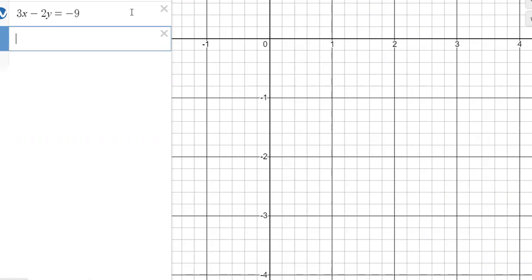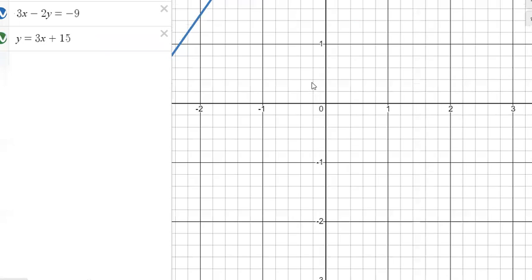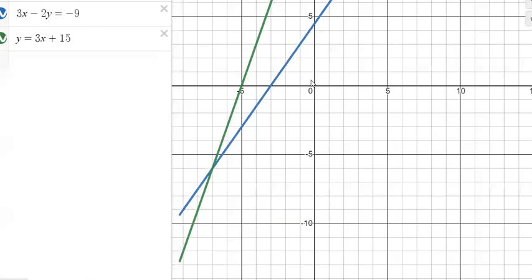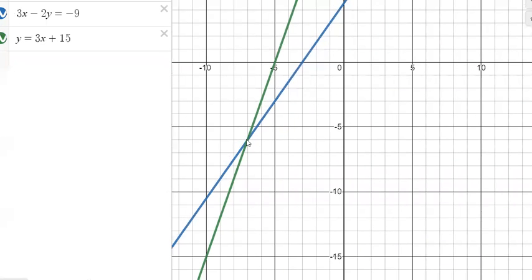And then the bottom equation, y equals 3x plus 15. And I can't see anything, so I'm going to zoom out. There we go. And then I can see that they cross at this point down here, negative 7, negative 6. And that's exactly what I got over here.